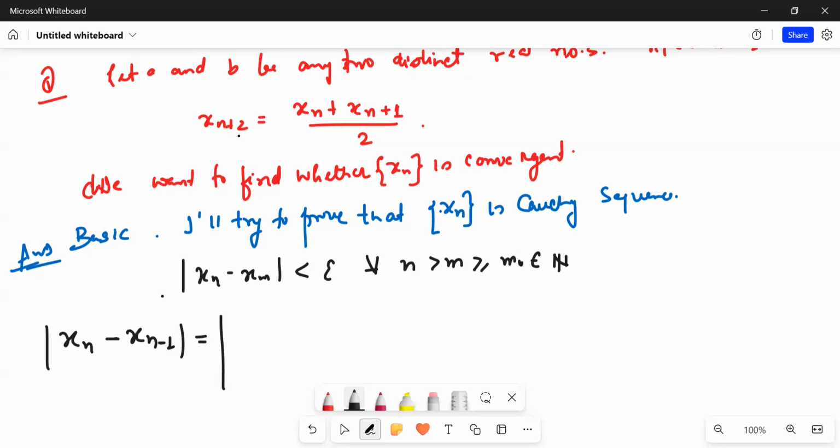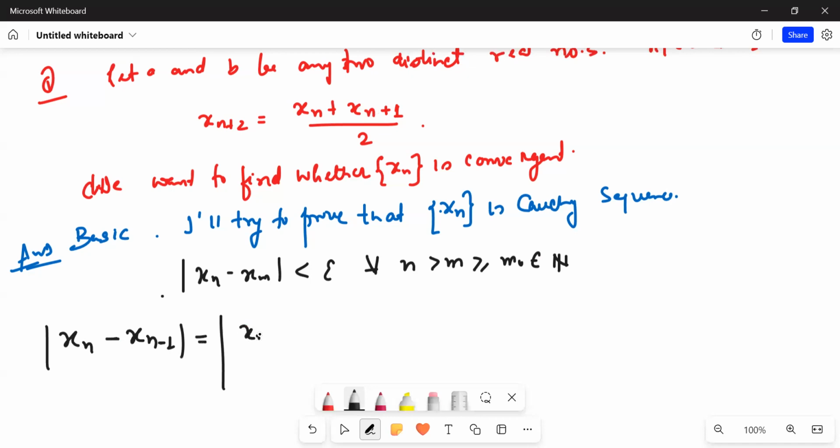What would be your x(n)? Just think from here. If I replace n with n minus 2 here, then I will get x(n). And here it will be x(n minus 2), and here it will be x(n minus 1).